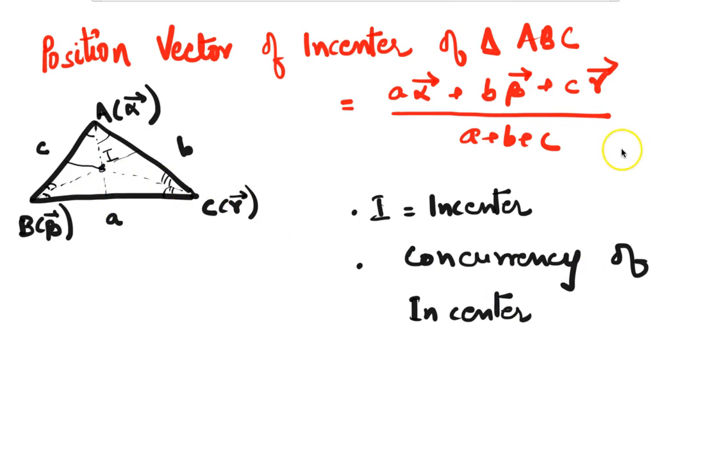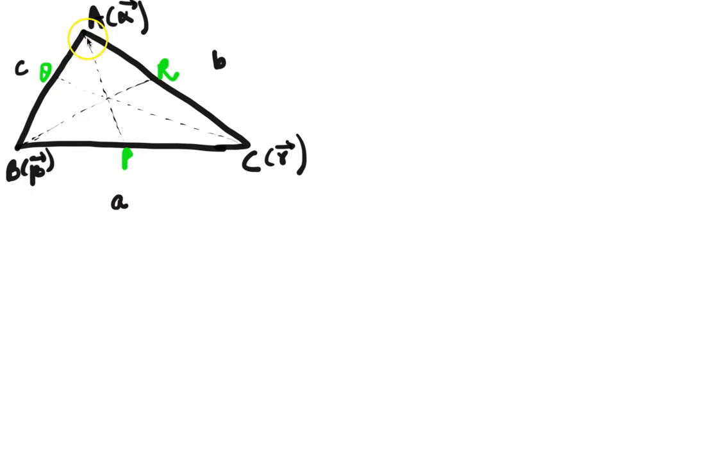However, in this particular video let's prove this formula, which is that the position vector of the incenter I is A alpha vector plus B beta vector plus C gamma vector divided by A plus B plus C. Okay, we have a triangle ABC.